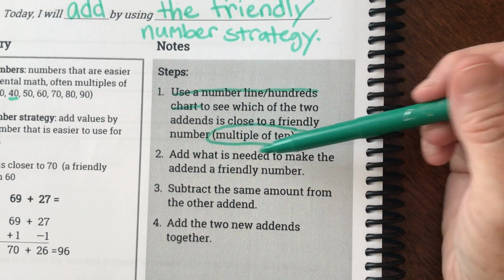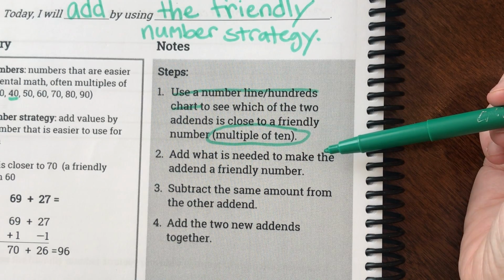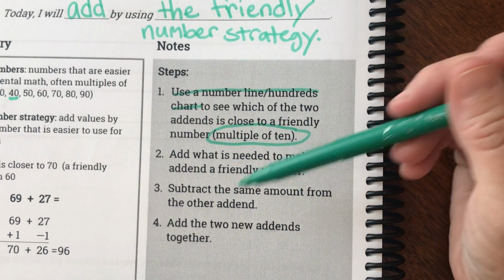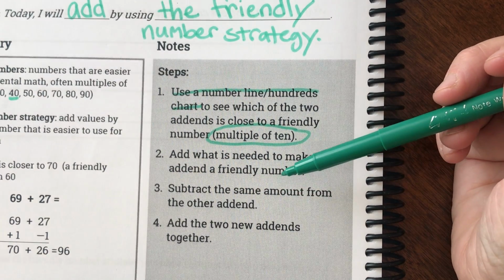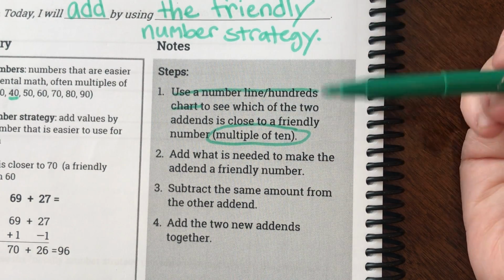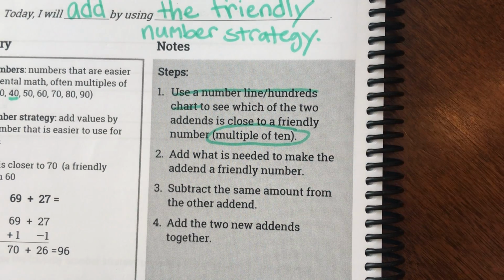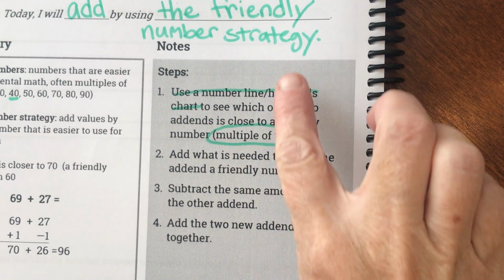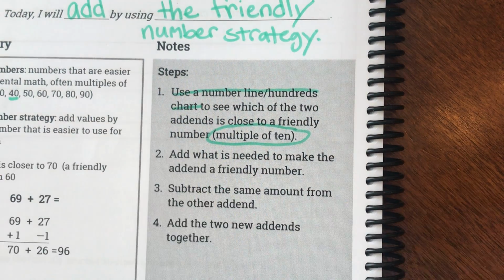Then we're going to add what is needed to make the friendly number. And then we're going to subtract the same amount from the other addend because that's going to keep our problem balanced. And then we'll add our two new addends together. Okay, boys and girls, I'm going to follow these steps even though they're really long. You might want to look at your steps as I do my problem.